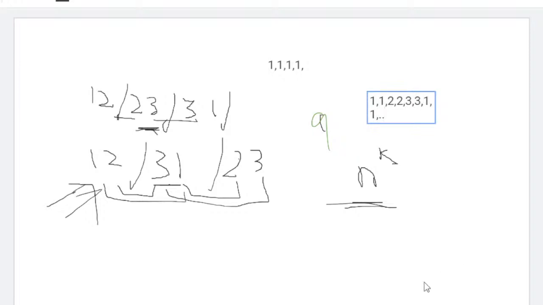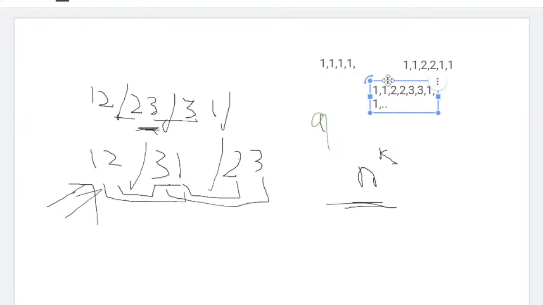Or, after 2 2, you can come back to 1 1, right? So the thing is, you have three choices if you start with the same two digits.